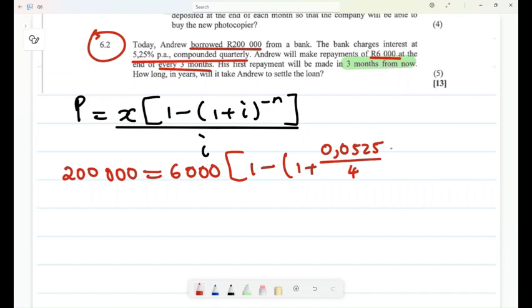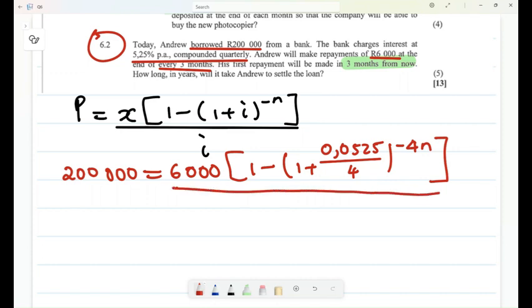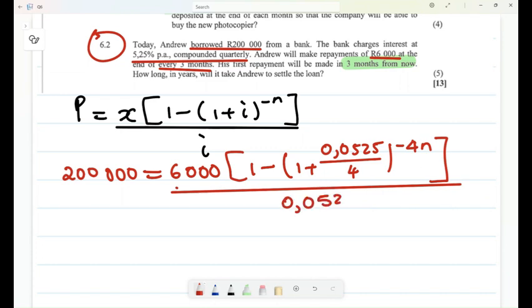Quarterly, we divide by 4. To the power of negative n. For how many years? Oh, we want n, so it's going to be 4 multiplied by n. Why? Because you multiply by whatever you have on the n. Then divide by my interest, which is 0.0525 divided by 4.